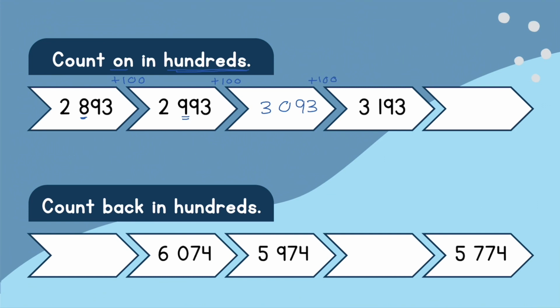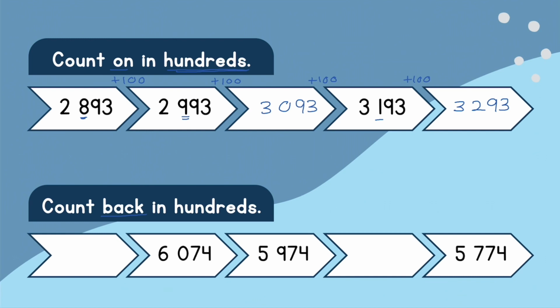It will be 0 plus 1 will be 100. So the fourth number here is 3,193 and plus 100 again for the fifth number. So 100 plus 100 will be 200. So the last number is 3,293. Next one, we have count back in hundreds.